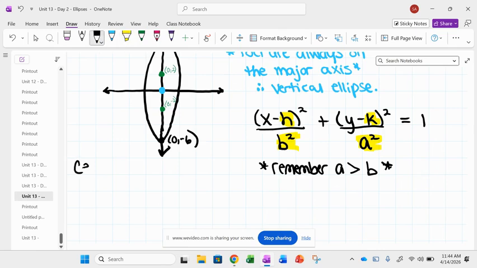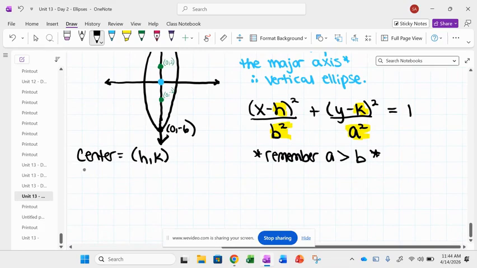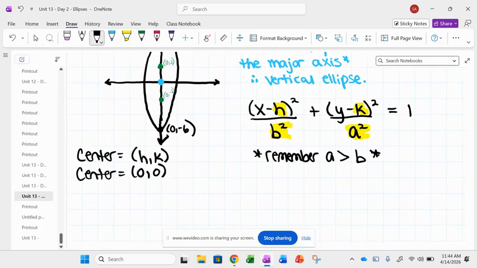Center. So we want to remember that the center is h, k. So we know for us, the center for this is 0, 0. So now I'm going to plug that in. So are we good with me writing x squared over b squared plus y squared over a squared equals 1? Okay.